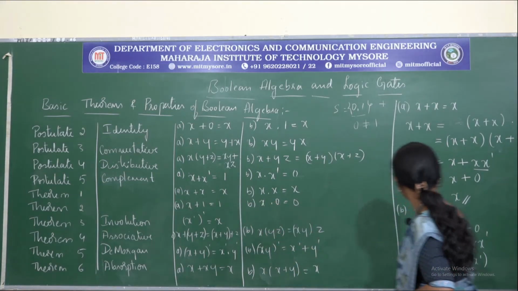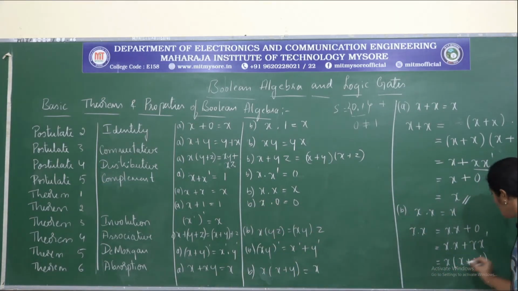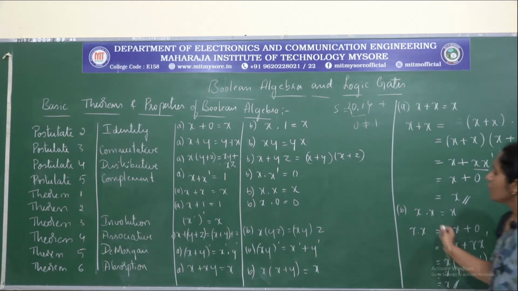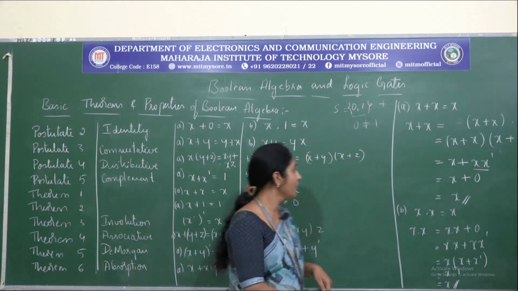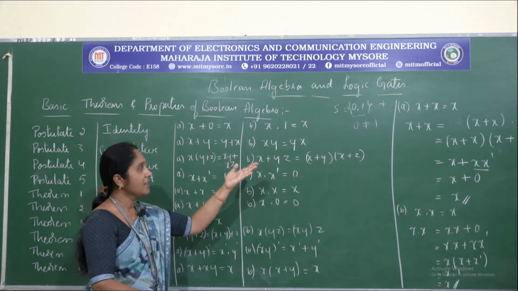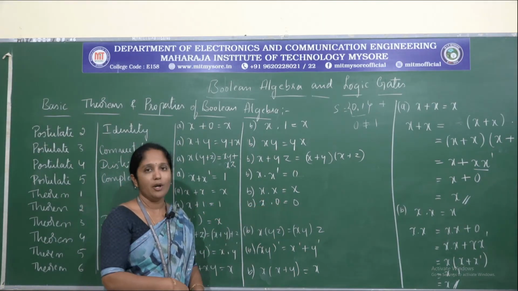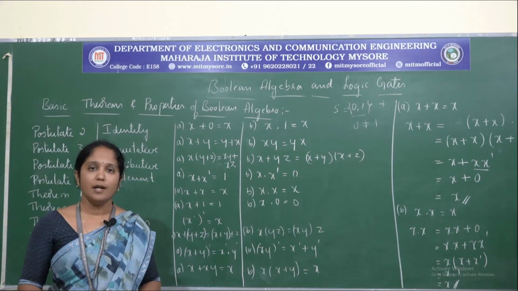Here we have x + x', which is equal to 1. Therefore this becomes x · 1, which is equal to x. So theorem 1 is proved: x + x = x and x · x = x.